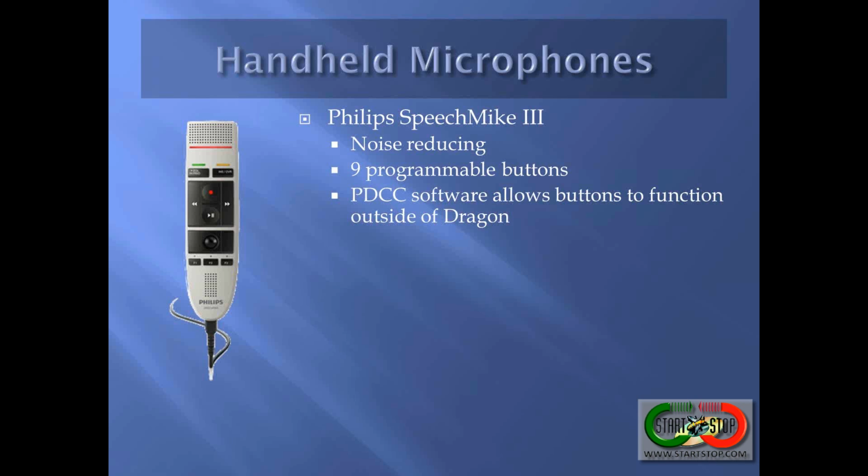So you may want a certain thing to happen in Microsoft Word if you push the button that is unrelated to Dragon. You can program it to do that, as long as the Device Control Center is open, which is just a small tray icon down by your clock that monitors for button pushes and carries out the commands that have been programmed for them.